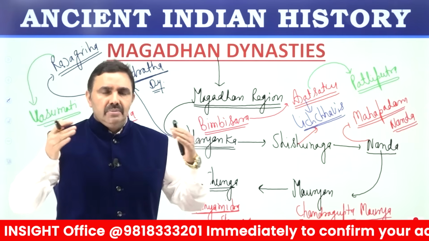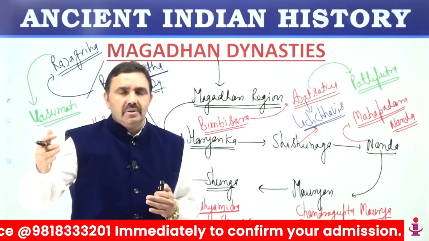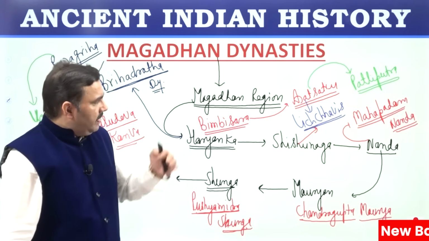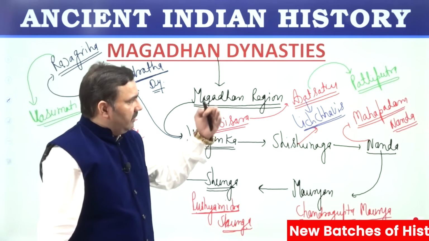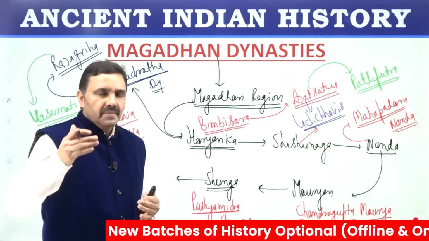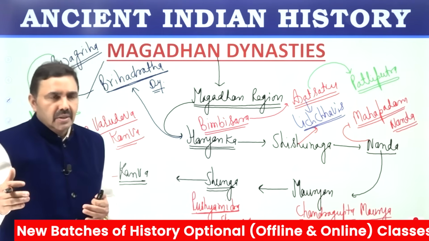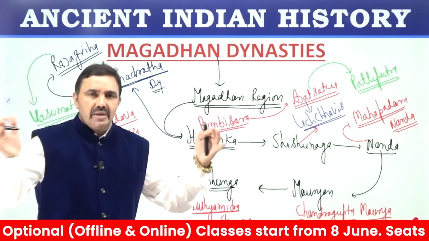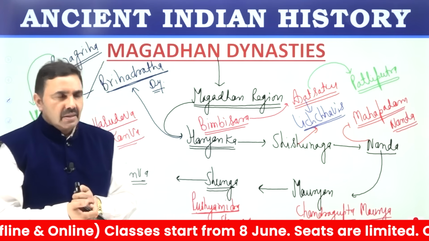Then Mahatma Buddha was alive that time, so he consulted Buddha, how can I win against Lichavis? So Buddha was not going to advise him precisely for military purposes, so he said the strength of Lichavis lies in their unity. So Lichavis were having 8 families or 8 clans or 8 smaller kingdoms together.